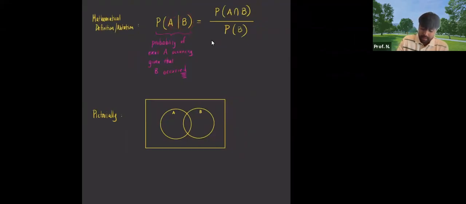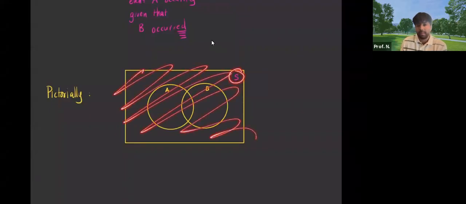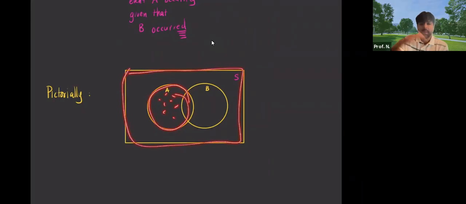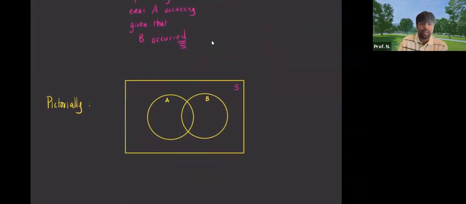Normally, when we find a probability of an event, we're comparing it to the sample space, the entire thing. So we count the number of things in A, and then we say, how many things are there in the big one? And then we divide, and that's it. But now B becomes our sample space. So conditional probability occurs when your sample space is reduced to an event.